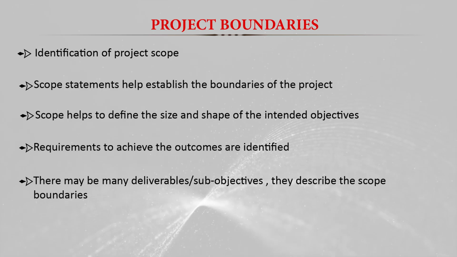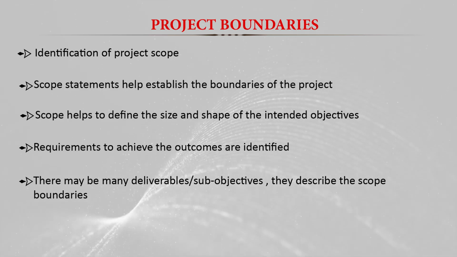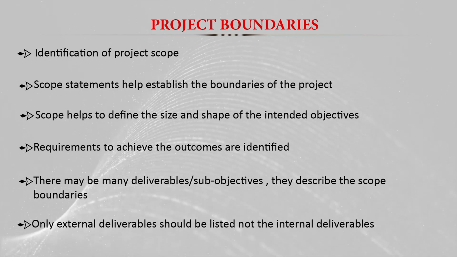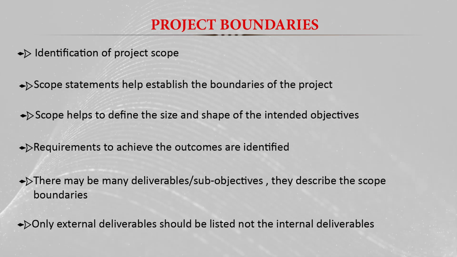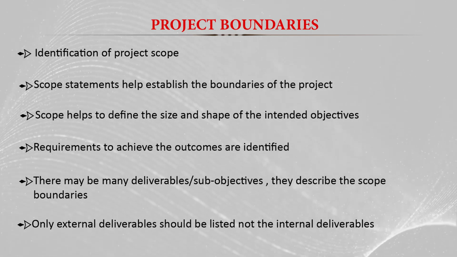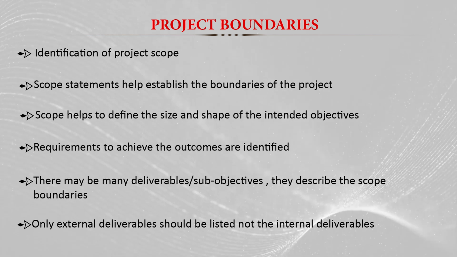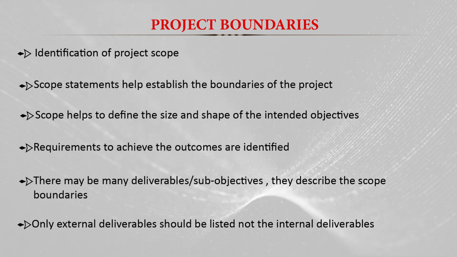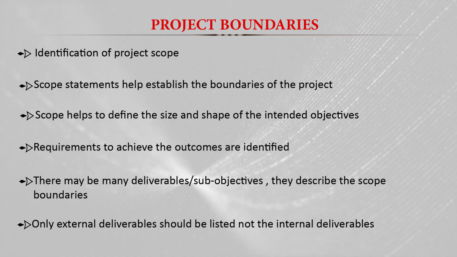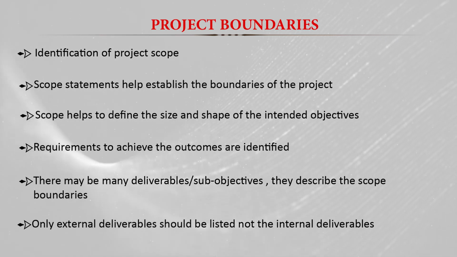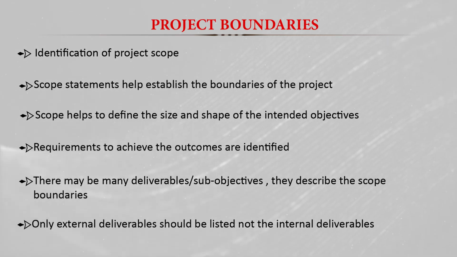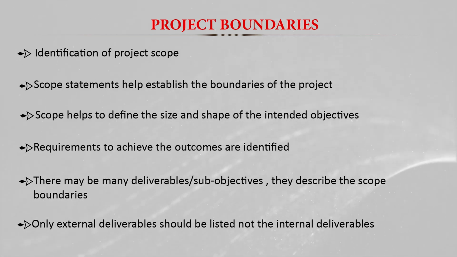And when we define this project boundary, only external deliverables should be listed, not the internal deliverables, like in the case of an agriculture project. If our target is to increase irrigation in 10% more area, we have to give how much area under irrigation has been increased out of this project.